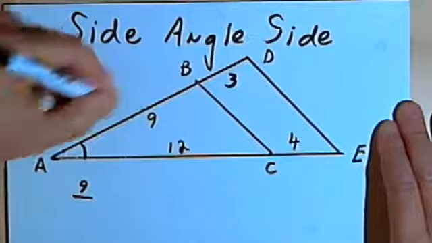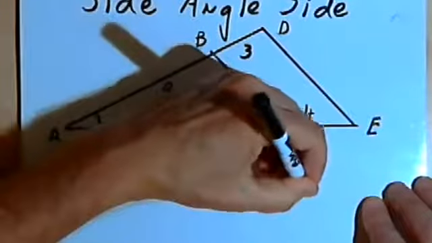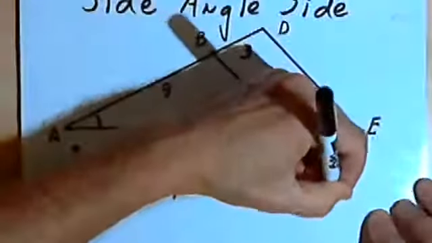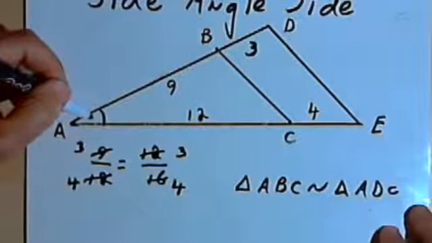That means that triangle ABC is similar to triangle ADE because they had two pairs of corresponding sides that were proportional, and the included angle, this angle A here, is congruent. Angle A is congruent with angle A.